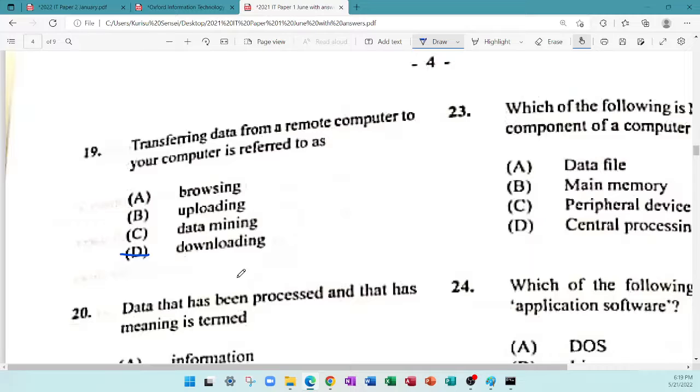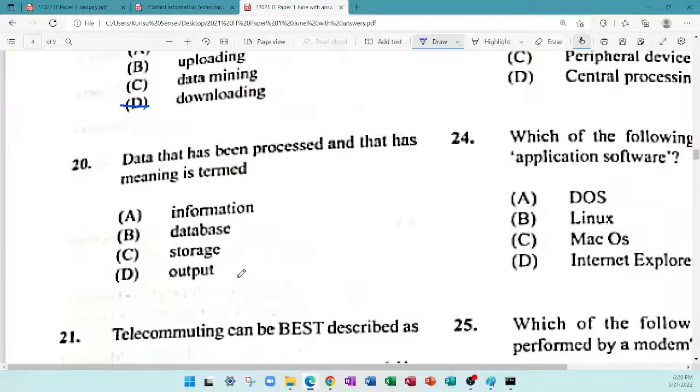So it's coming from a remote computer that is not near you to your computer. That is download. You do it every day. Whenever you download, the file comes from a remote computer to your computer. If the file goes from your computer to another computer, what is that? Upload. Good. 20, data that has been processed and that has meaning is termed? Information. Good.